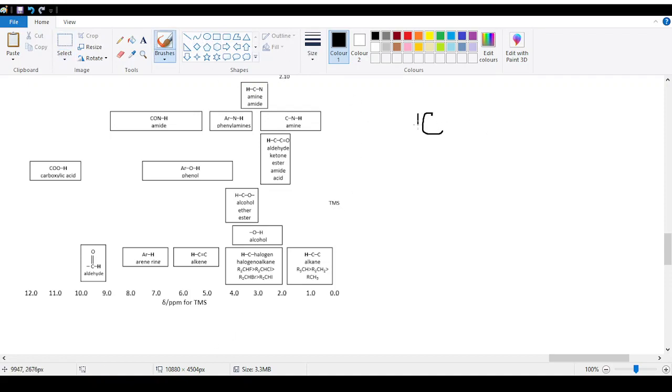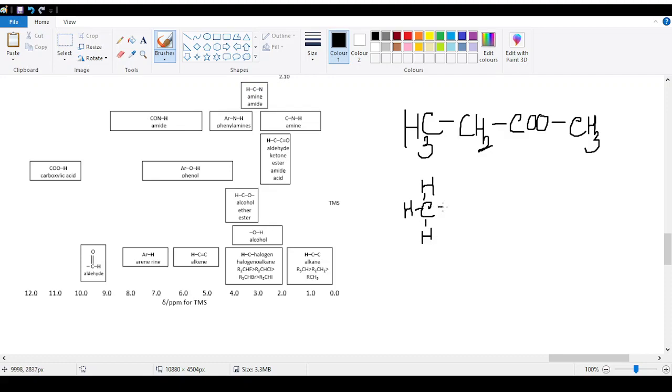So let's say CH3, CH2, COO, CH3. This is an ester. If I drew the displayed formula for this, it would look something like that. All right, so here, how many different environments do you see?